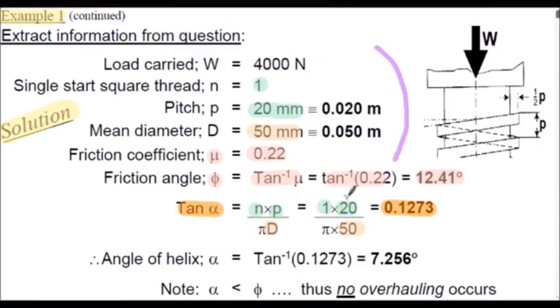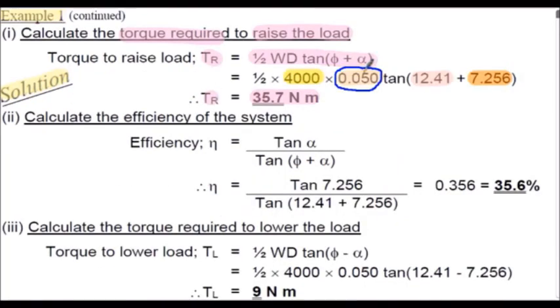Note for reference I use the pitch and the mean diameter in terms of millimeters, as the unit effectively cancels, as we have millimeters in the numerator and millimeters in the denominator. Just notice in this calculation the mean diameter was stated in meters because I wanted the torque calculated in Newton meters.